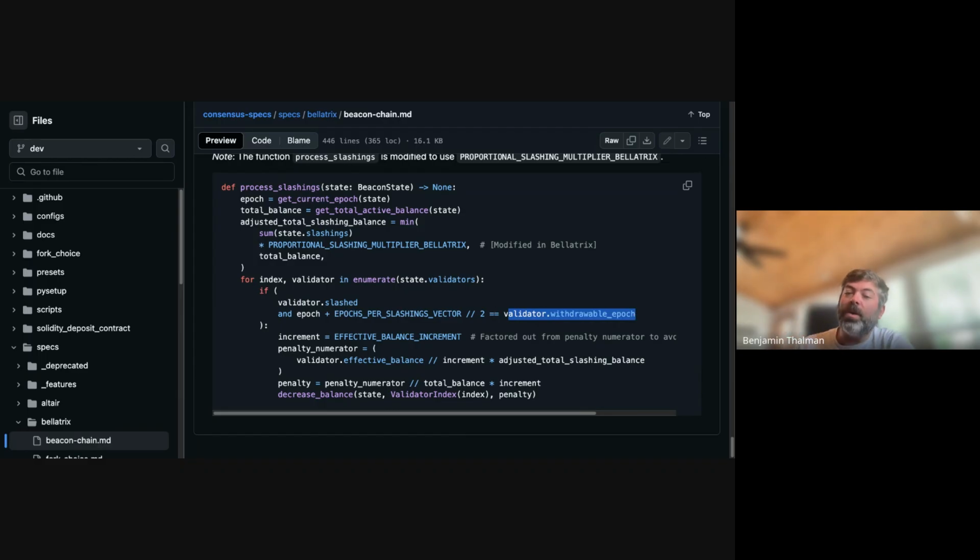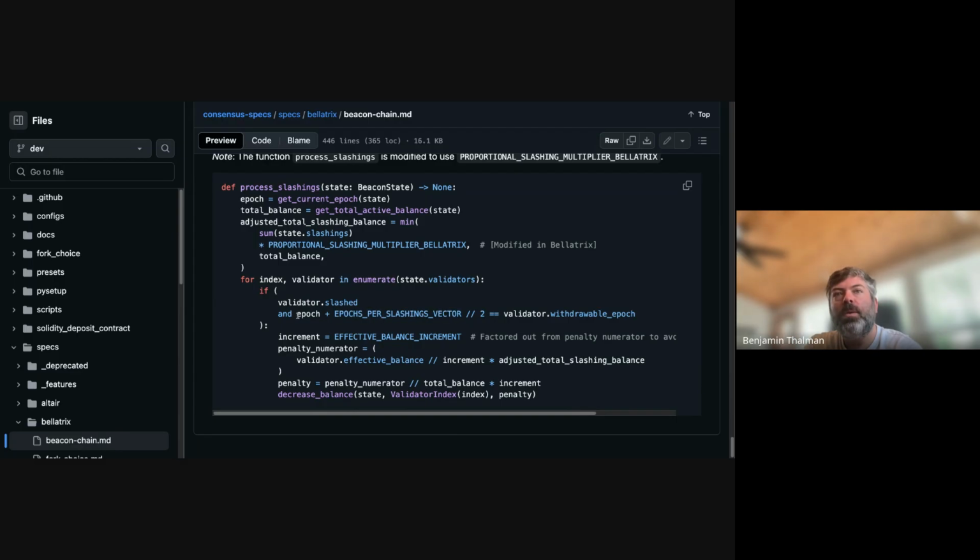So if you remember, when I pointed out the slash_validator function, where those first two things happen, where the validator is exited and the initial slashing penalty is levied, I also mentioned that this value is set for the validator that's slashed. When is it withdrawable? And I mentioned the EPOCHS_PER_SLASHING_VECTOR, so that 8,192 epochs.